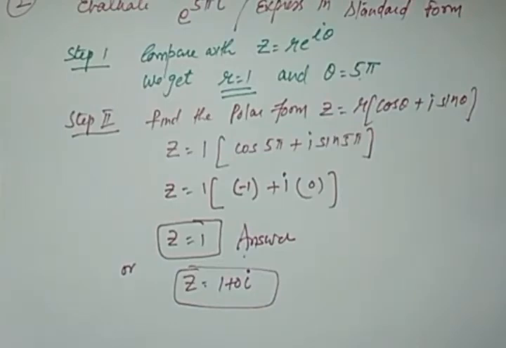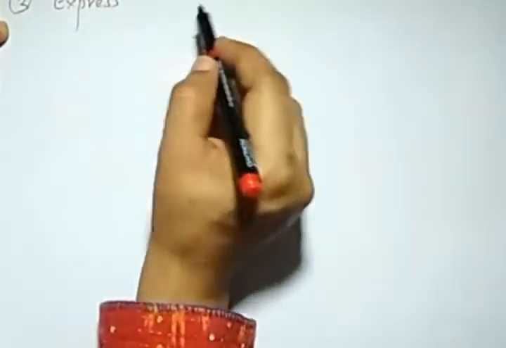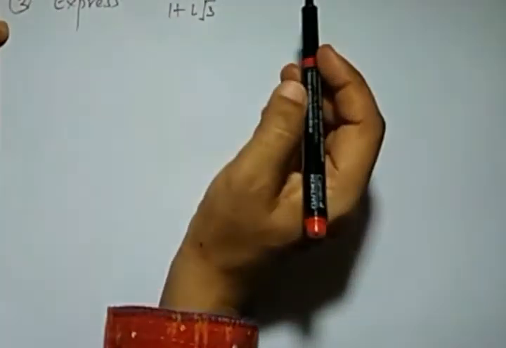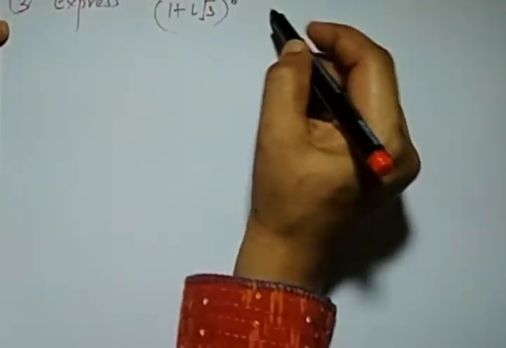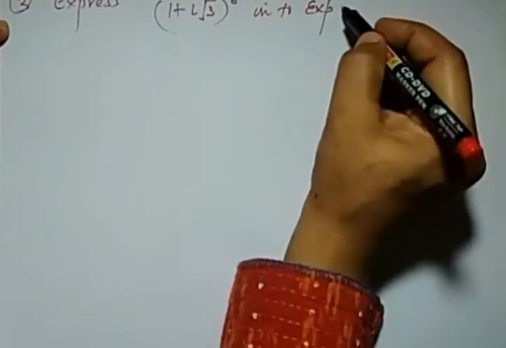So let us go for another question. Third question is express (1 plus iota root 3) raised to power 6 into exponential form.